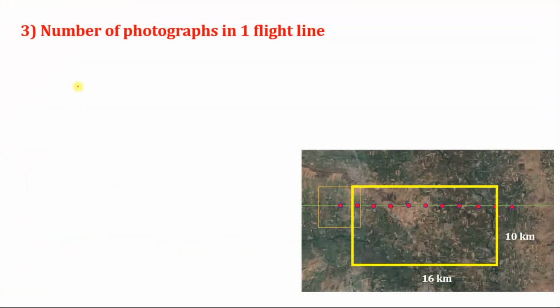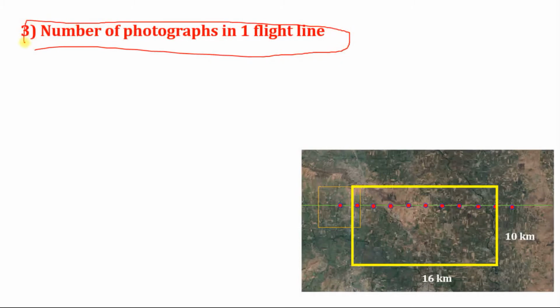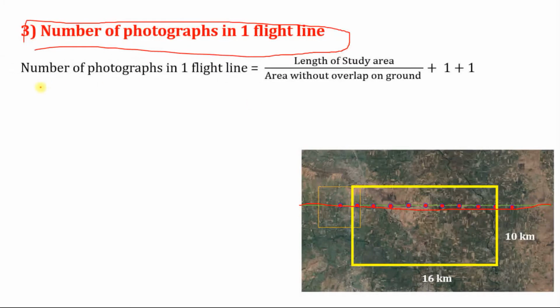Next, the number of photographs in a single flight line, or one flight line. This is the single flight line, and how many photographs will be on this flight line? The formula is: number of photographs in a single flight line is equal to length of study area upon area without overlap on ground, plus 1 plus 1.